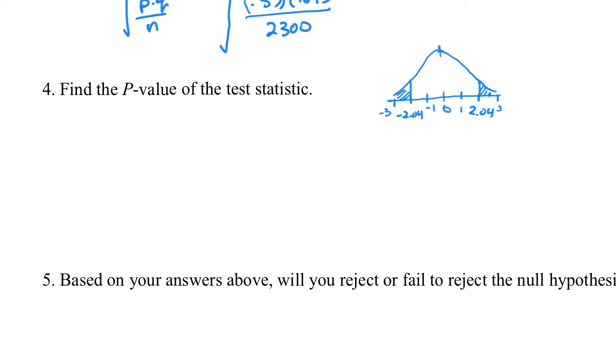So the p-value, remember, is the area under the curve. In this case, this is half of the p-value, here's the other half. So the way we figure out the p-value is we find one of these, then we double it.